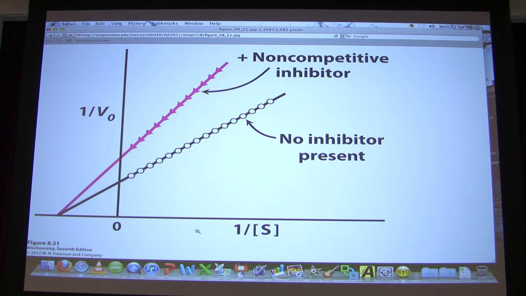Well, we're plotting 1 over Vmax, not Vmax. 1 over a smaller number gives you a larger number. So this is what the plot looks like when I do that reaction for a non-competitive inhibitor. Questions on that? Can you say again where that crossover is? Minus 1 over Km, right there, because Km is the same for the two.